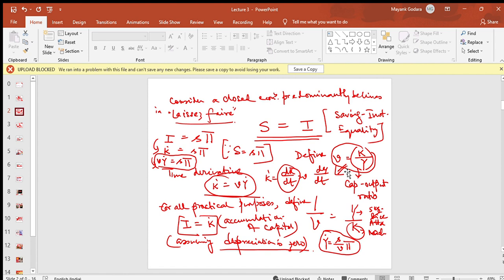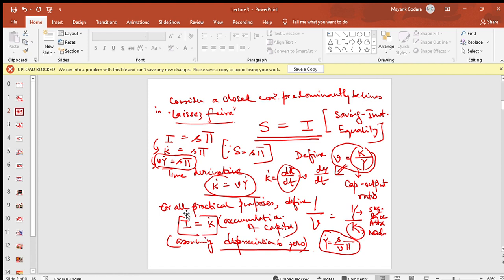Let us define this capital output ratio. So K is our capital and Y is our output. So we can say that K equals Y into V. If we differentiate K, we will get V into Y dash. What is K dash?